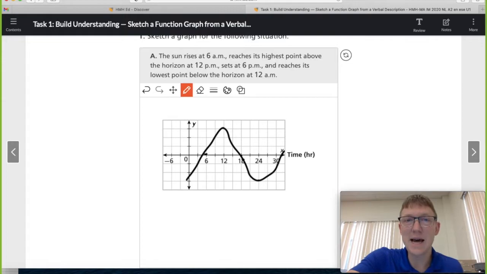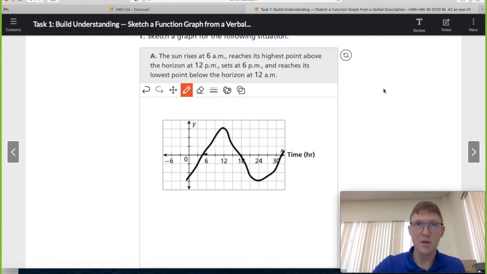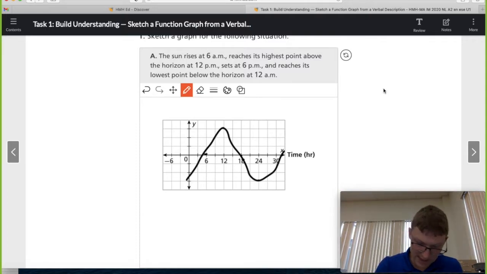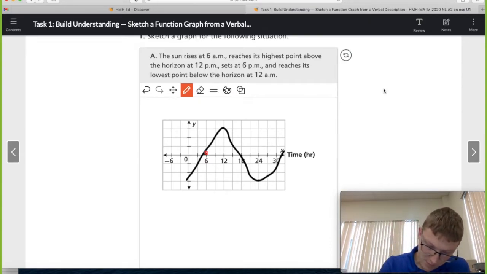Now, it's not exact because we don't even have y values here, but some of the things that it points out, so the sun is rising at 6 a.m. So if our y was like the height of the sun in the sky or something like that, it would be increasing up to here. And then at 12 p.m., it reaches a maximum, which is right there, and then begins to decrease.